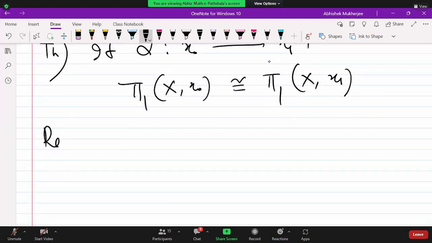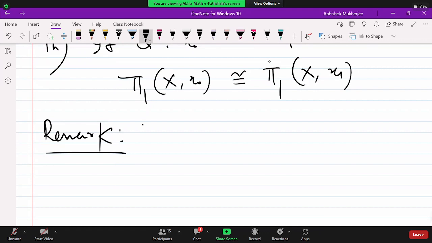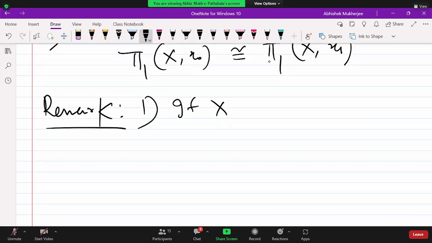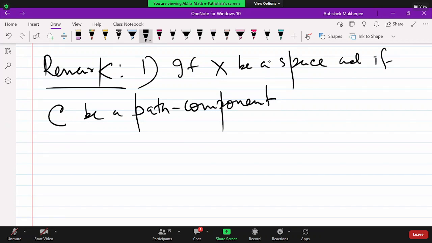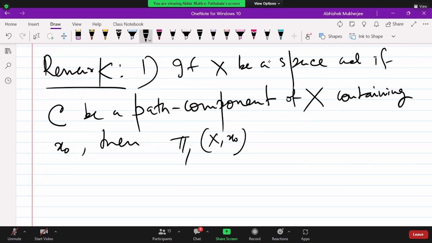Great. So that means if you are considering a space, so if X is a space and if C is a path component of X containing a base point, let us call it x naught, then you see that the fundamental group of X based at x naught is nothing but it is isomorphic with this, right?